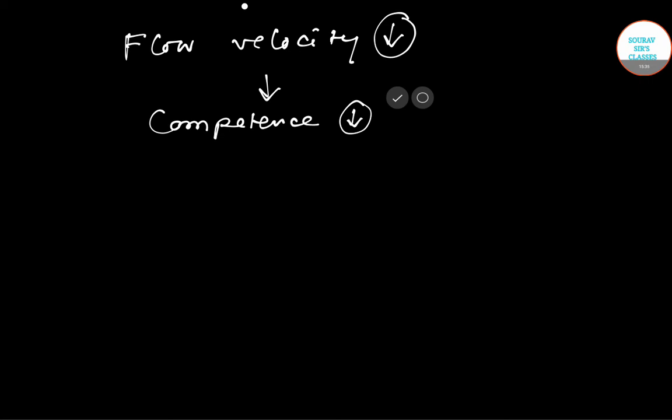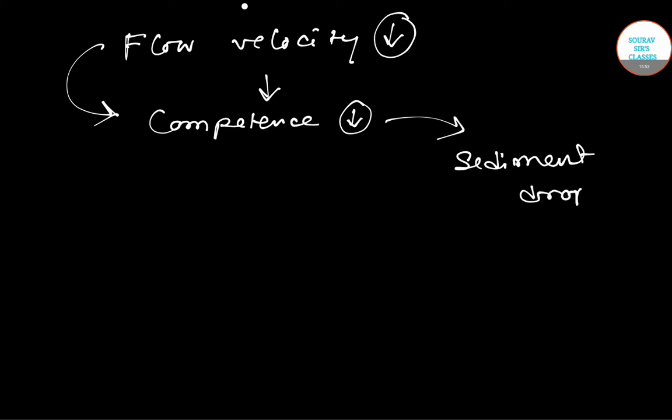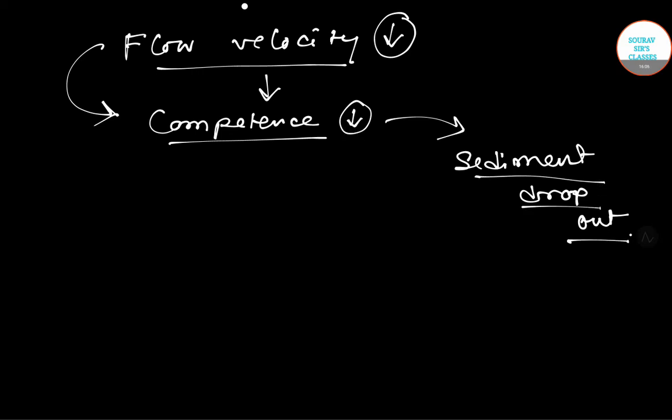So when the flow velocity is decreasing, the competence is also decreasing, and the sediment drops out, and that may lead to the sediment dropout.